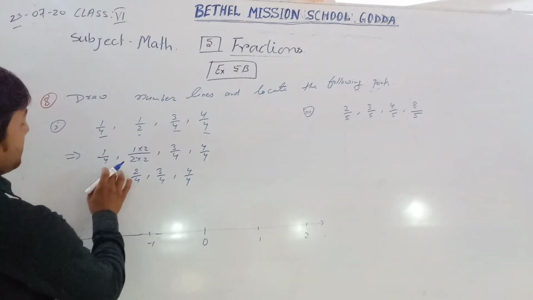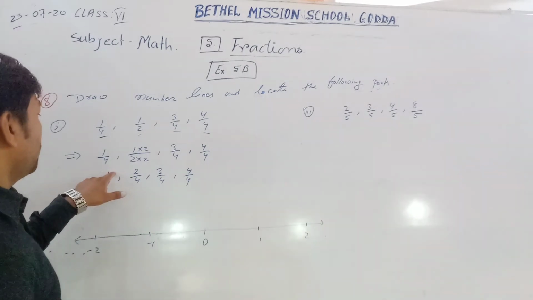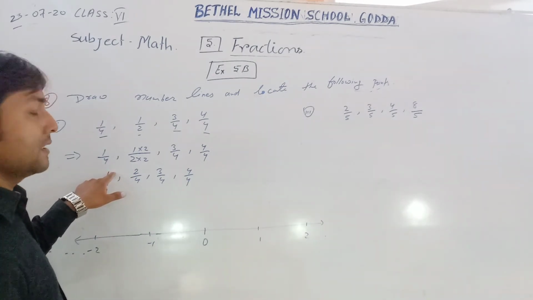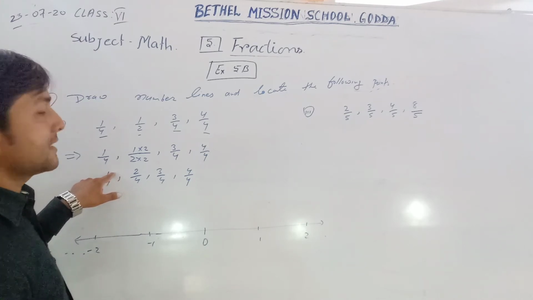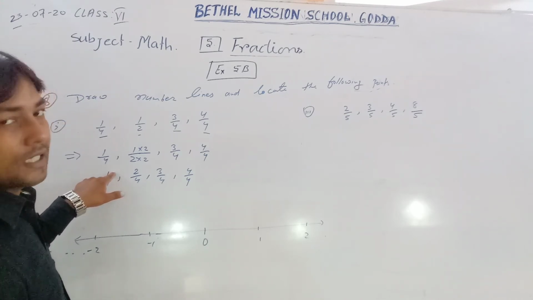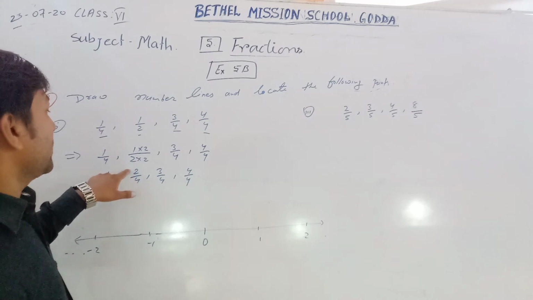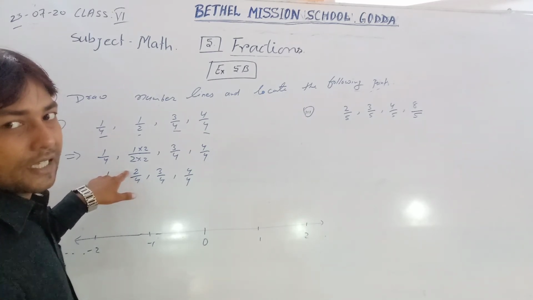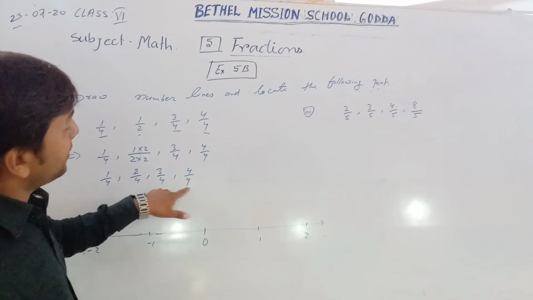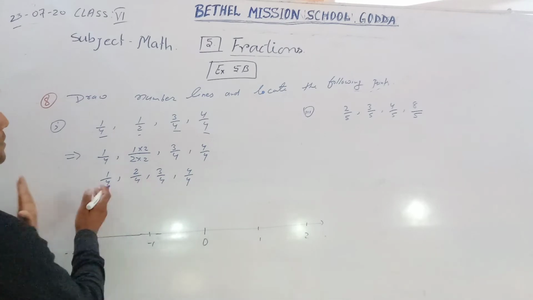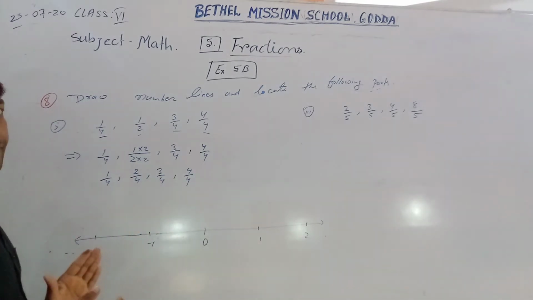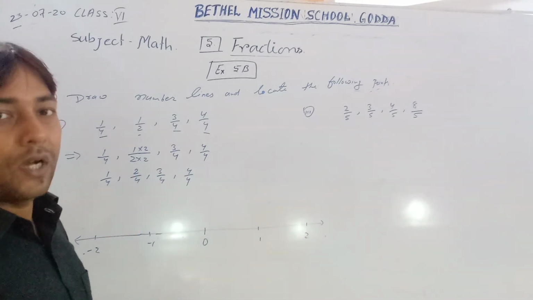Whenever you divide 1 by 4, you will get a value less than 1. Also when you divide here, we get values less than 1, and this is equal to 1, which means all values lie between 0 and 1.